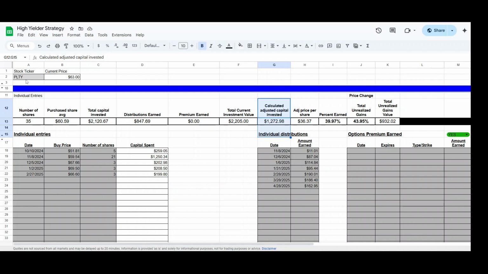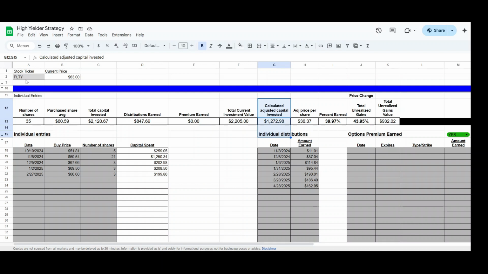But for me, I like to play it a little bit more on the safer side. So I'm looking for entry points. And I'll do a video again on my entry points that I look for, in case you haven't seen that video. I just really wanted to show my position of PLTY, and I hope that it helps you out.